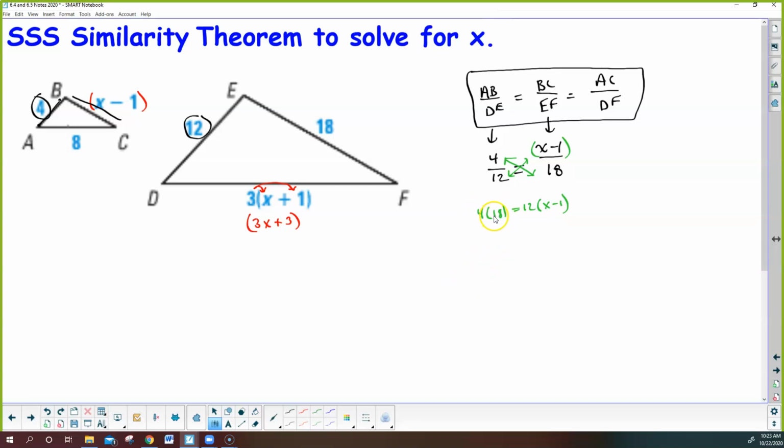Let's see, 4 times 10 is 40, 4 times 8 is 32, 40 plus 32 is 72. So 4 times 18 is 72. Distribute the 12. And now it's a two-step algebra problem. Add 12 over to the other side. Get 84. Divide by 12.